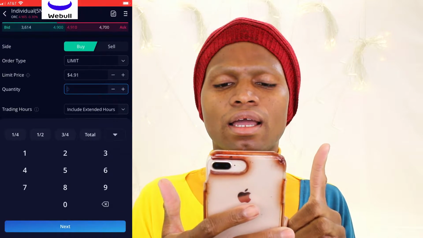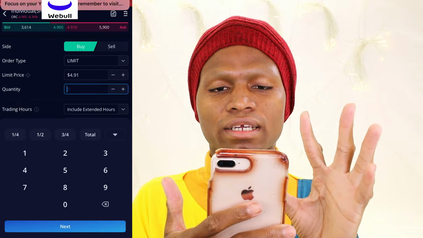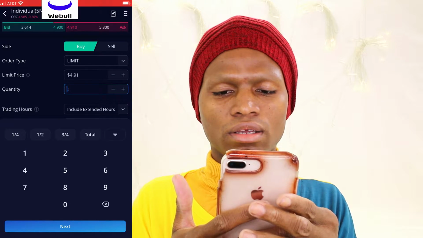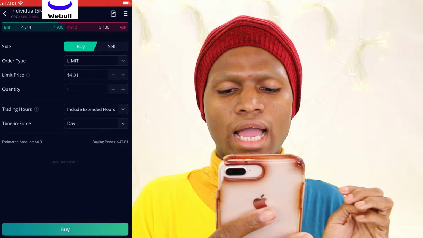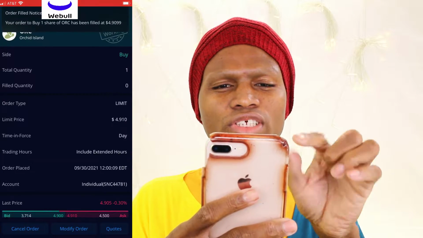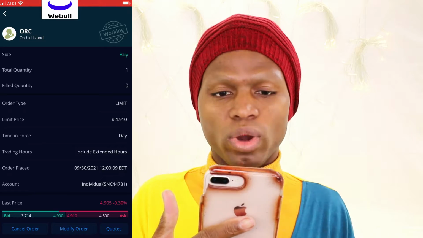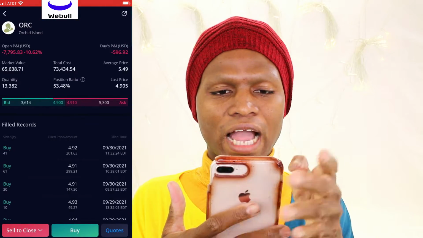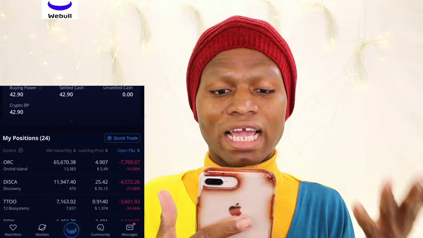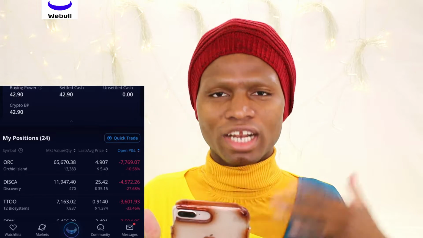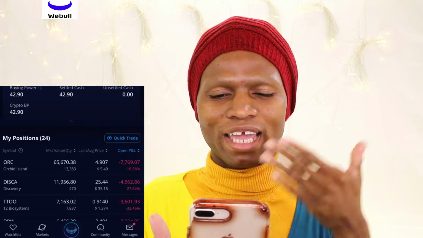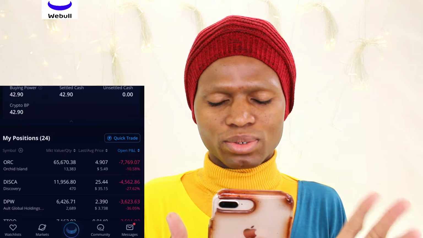And we are buying 1 at that cost, okay? 1 and buy, and it shows, you see, your order for 1 has been bought. That means it went through. Now that we know that, that is the easiest, that is the only way to actually create a limit buy for the stocks, okay?